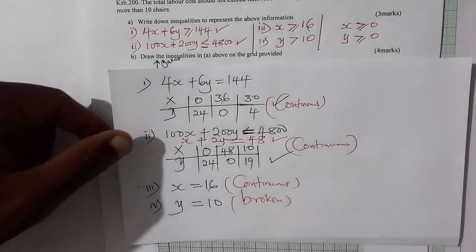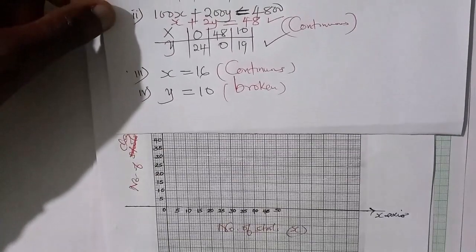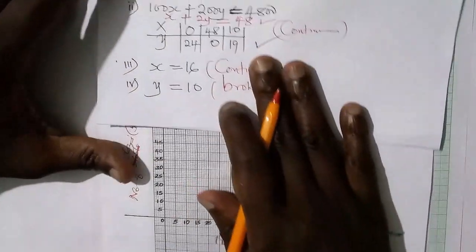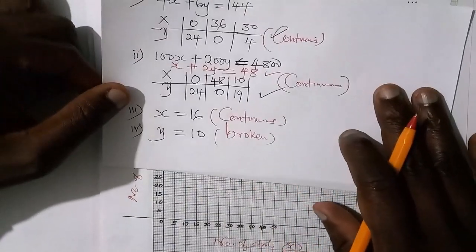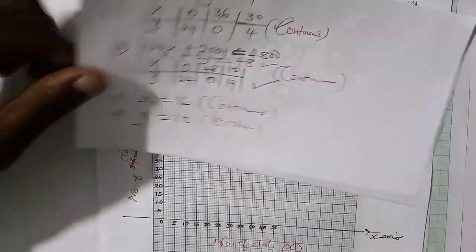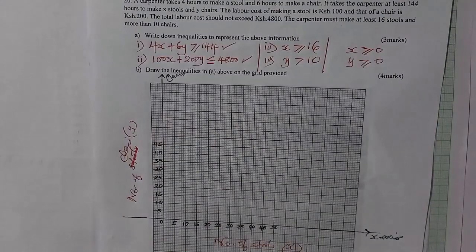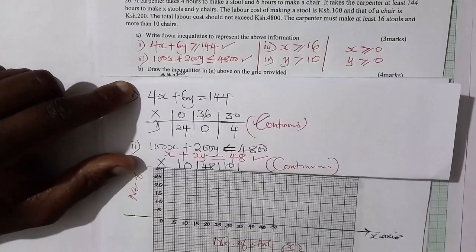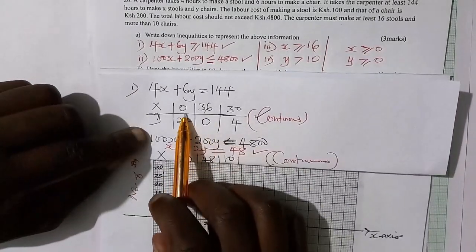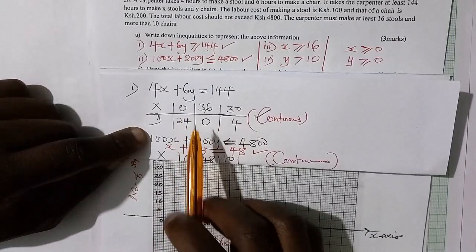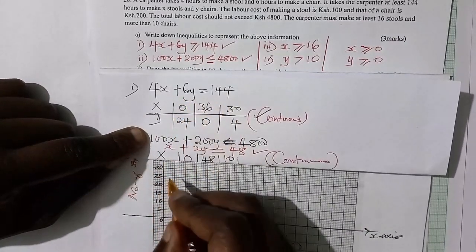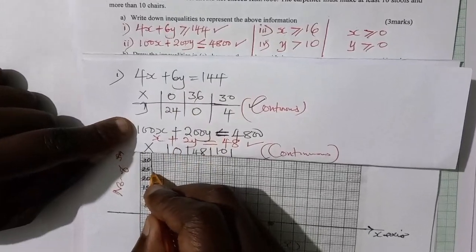Having that, now we can proceed and plot the first one. So we plot the first one, 0, 24. That is for 4x plus 6y. 0, 24 is here.